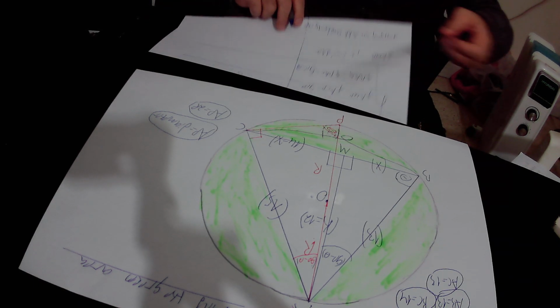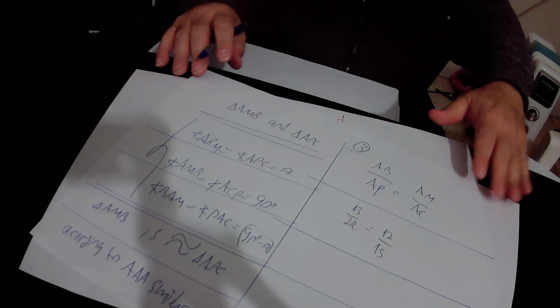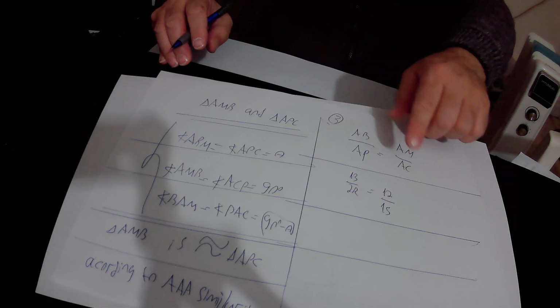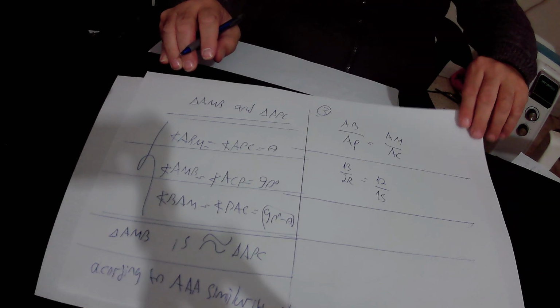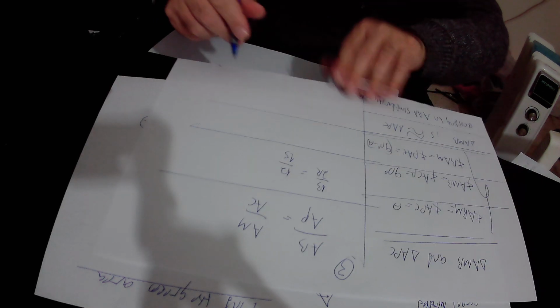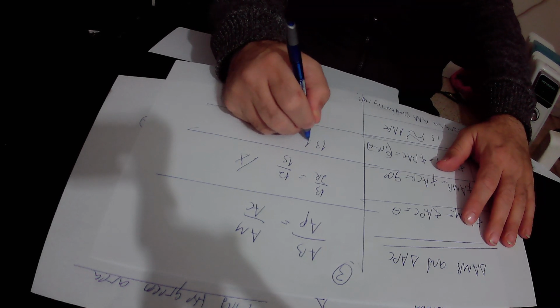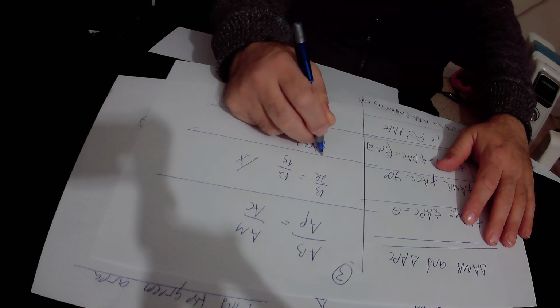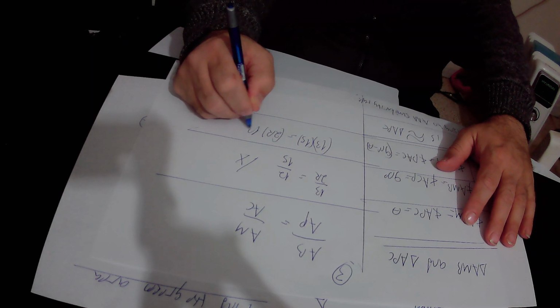In conclusion, we found out that 13 over 2R equals 12 over 15. Here we'll cross multiply this equation, and we'll get that 13 times 15 equals 2R times 12.